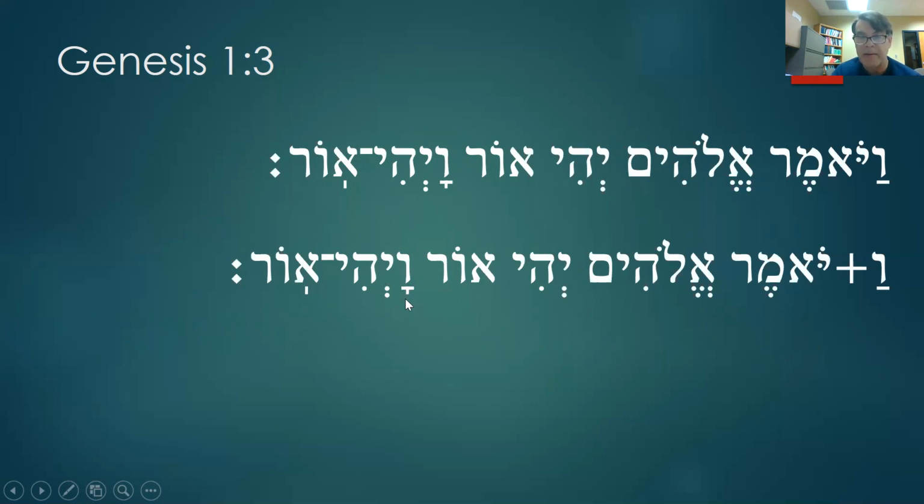Vav patach doubling, except why is it a qamets? Well, there should be a dagesh here in the vayehi. Why isn't there a dagesh here? Well, the answer is this shva.